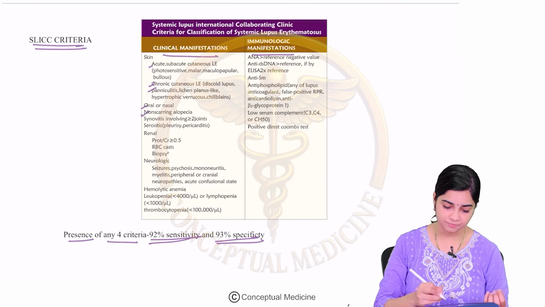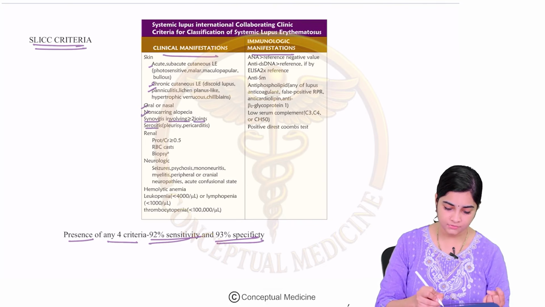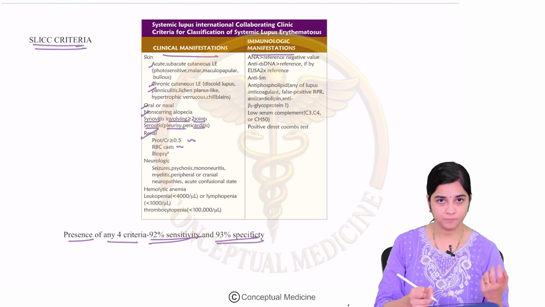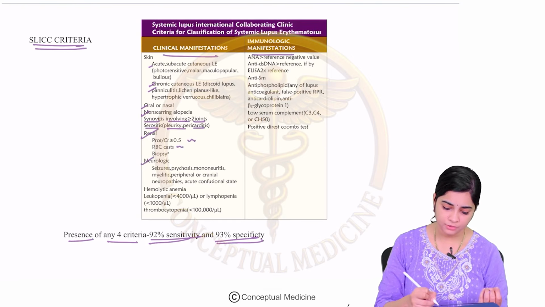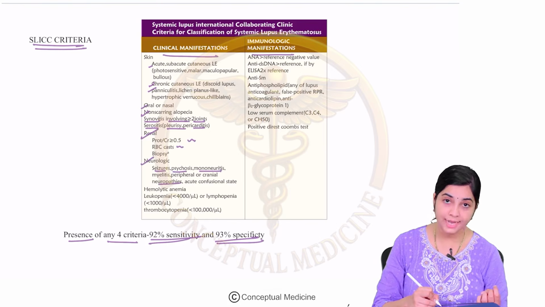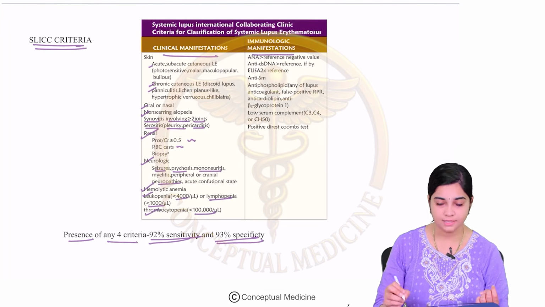Non-scarring alopecia, synovitis involving two or more joints, presence of serositis, pleuritis, pericarditis, renal involvement in the presence of RBC casts, proteinuria, neurologic involvement, seizures, psychosis, mononeuritis, neuropathies, and hematologic involvement, hemolytic anemia, leukopenia less than 4,000 or lymphopenia less than 1,000, thrombocytopenia less than 1 lakh.